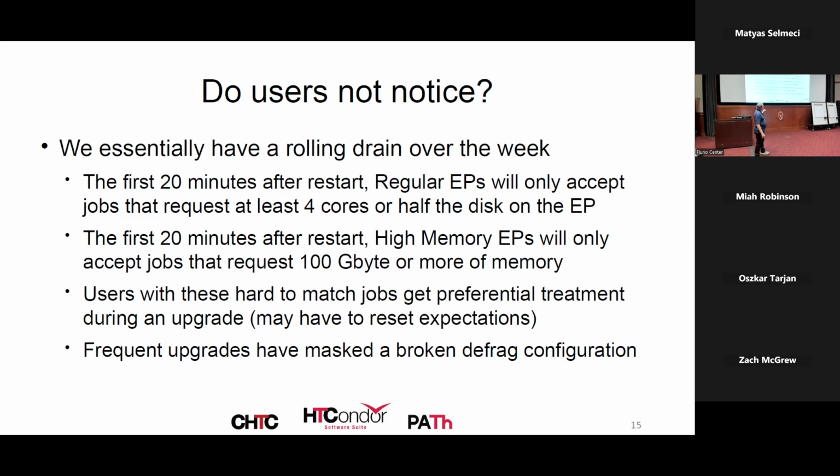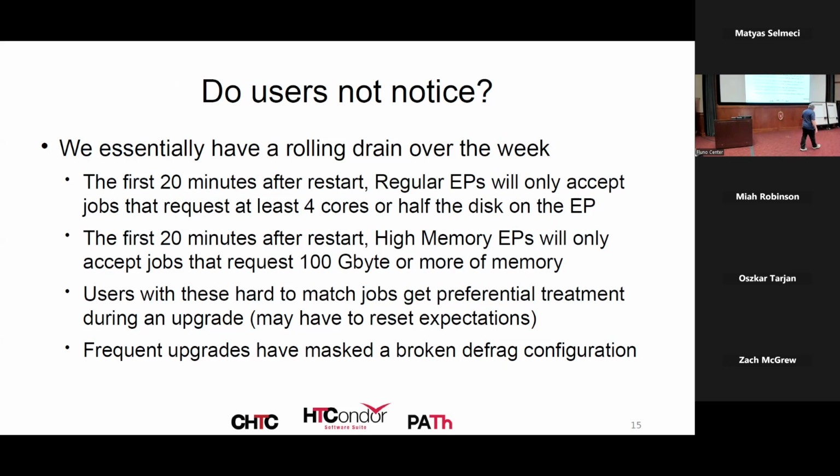Same thing with the high memory nodes. For 20 minutes after restart, it has to be a request memory of 100 gigabytes or more. Once the 20 minutes is up, then anything can match there. So users with these hard to match jobs, when we're doing an upgrade, get a little bit of preferential treatment. We may have to adjust expectations a little bit when we're not doing an upgrade.